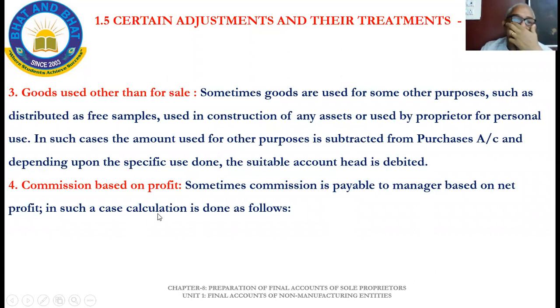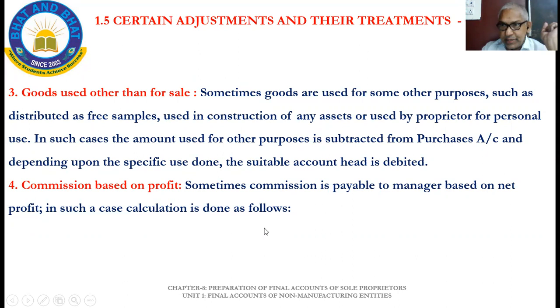Then commission based on sales, to motivate the consignee or the agent, a commission will be paid on the amount of sales he does. That will be calculated based on the sales value. That sales value will include this commission also.